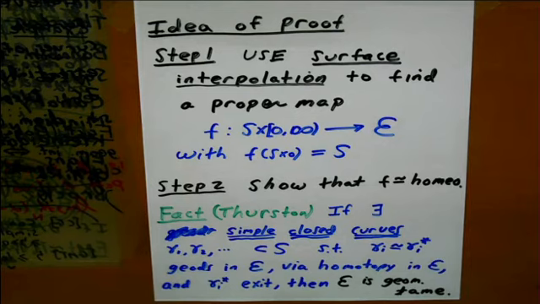He then hinted at a topological argument that if you have such a proper map, then the end is homeomorphic to S cross [0, infinity).